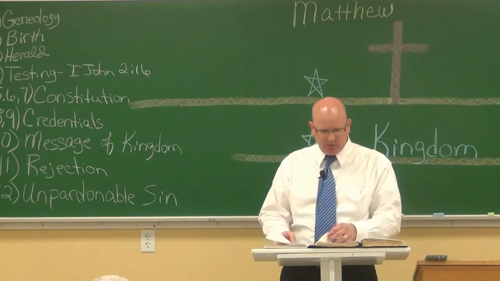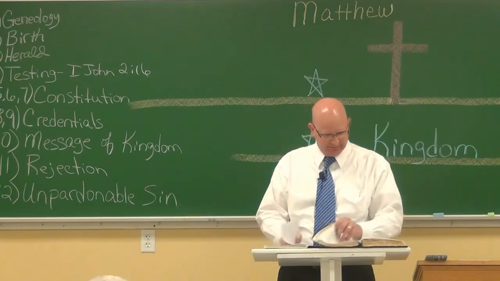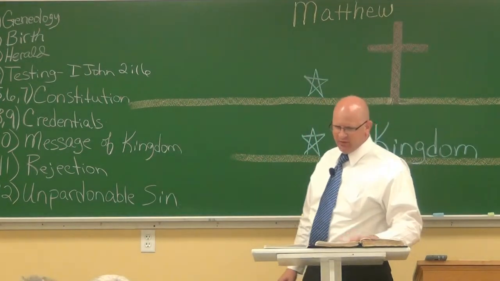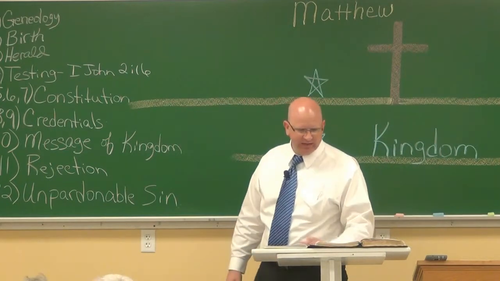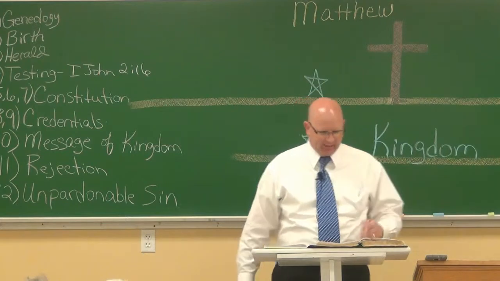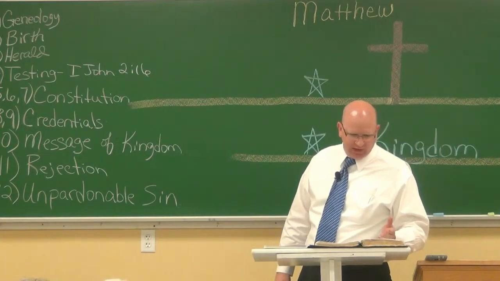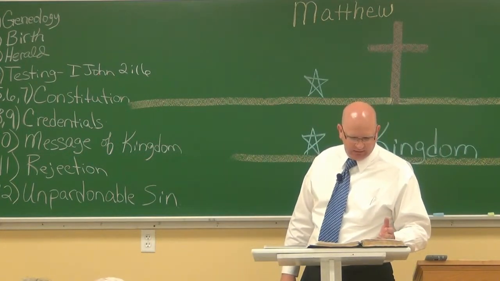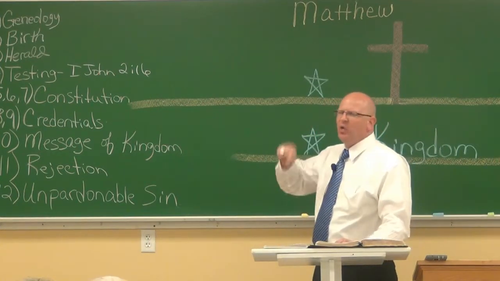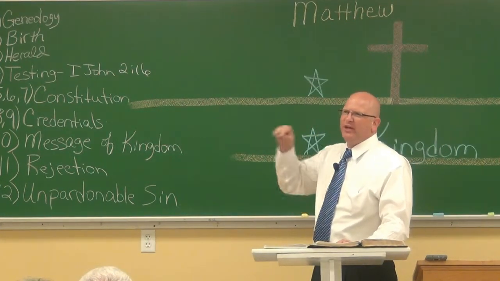Then you got chapter 14. Chapter 14, feeding of the 5,000. Everybody's, man, I mean, you know, it almost looks like Jesus could be king again. But see, in chapter 14, he feeds the 5,000. They only want him for what he can do for them.